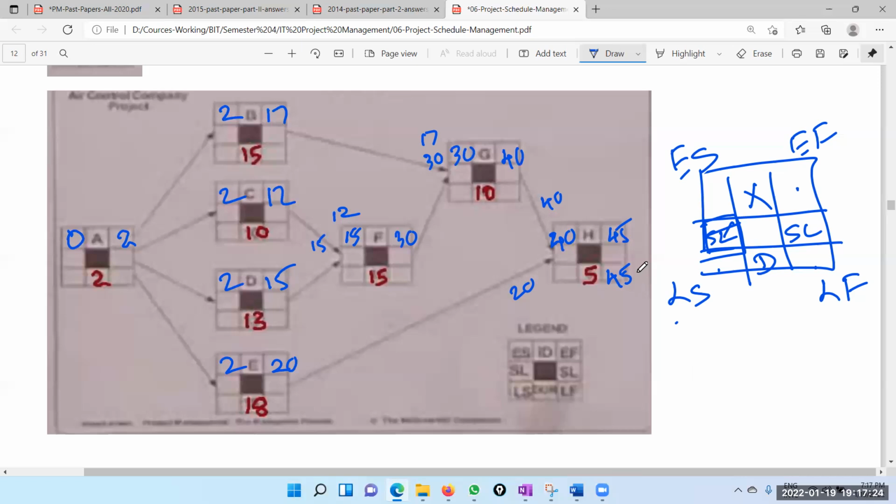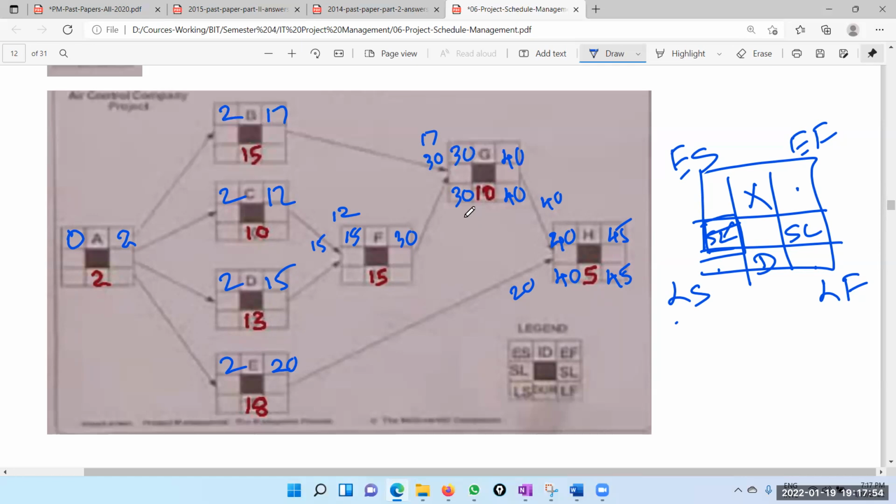So therefore, we always take, we did the same thing last time also in the activity on node approach. So my late finish is 45. That means my late start must be 40, because this takes 5. Okay. Now I have to do the backward passing. So this is 40 means this is 40, because that is the late finish, because this is the late start, and this is 30.